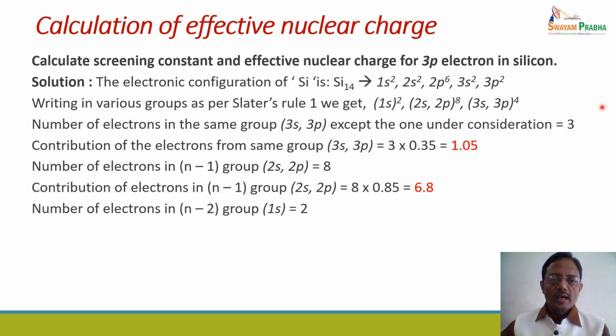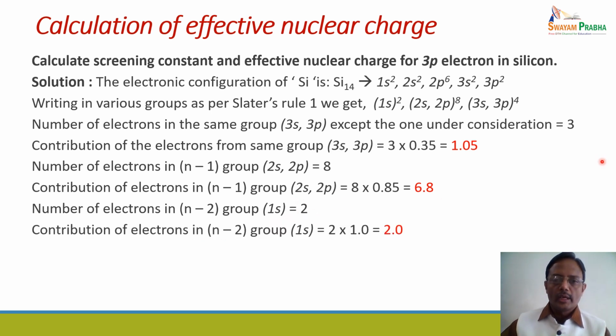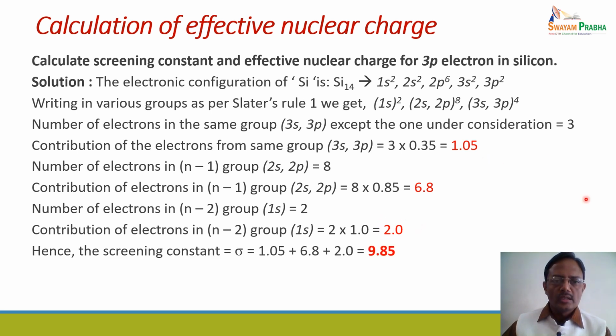Similarly, there are 2 electrons in the n-2 group. The n-2 group is the 1s subshell, so there are 2 electrons and each contributes 1, and as a result the total contribution from the 1s group is 2. Adding these 3 together, the total screening constant sigma comes out to be 9.85.